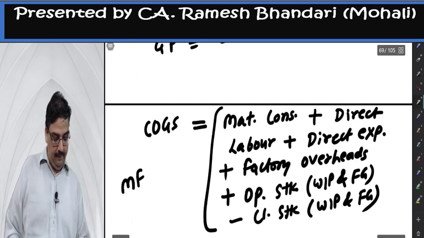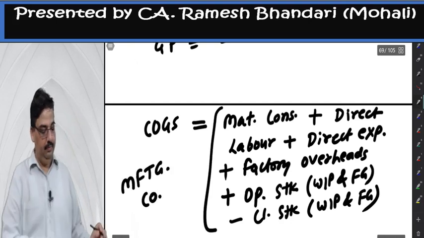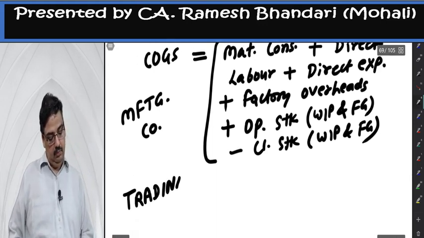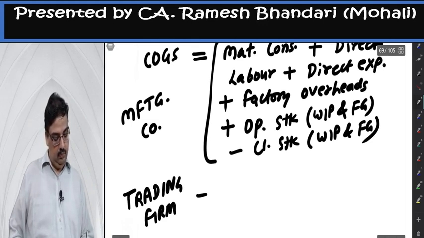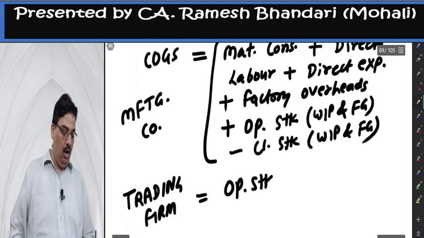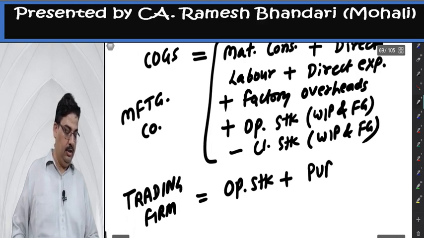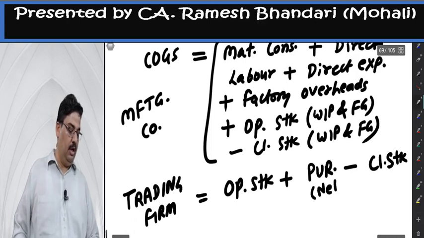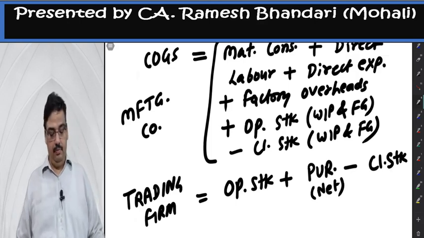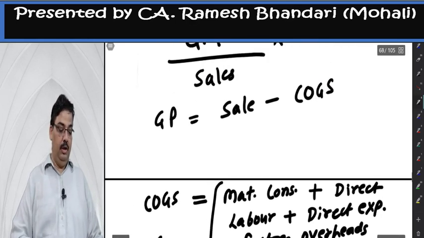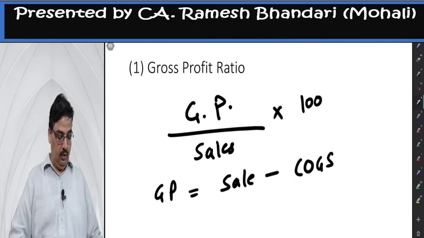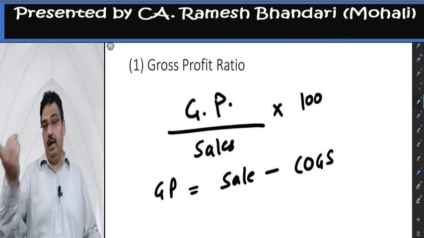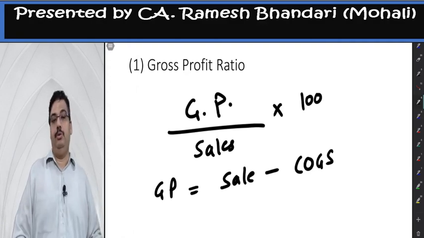This is for a manufacturing company. For our purpose, trading firm, opening stock plus purchases minus closing stock. This is purchases net of returns. So this is cost of goods sold. Sales minus cost of goods sold is gross profit. Cost of goods sold came earlier also in stock turnover ratio. There also you can use.